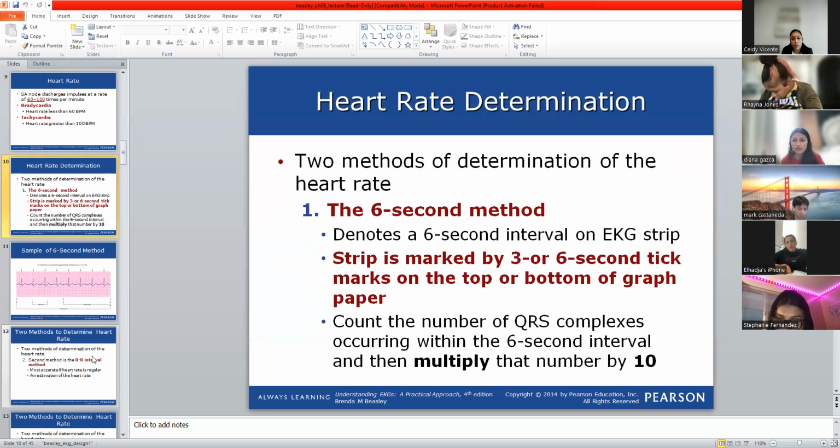This is a very easy and fast method, but it is not 100% accurate. Like you noticed when we count it in practice, we find that the heart rate is 70, and the machine tells us it is 69. It is almost. So with this 6-second method, if I count how many are in 6 seconds and multiply by 10, it is okay, but it is not accurate.